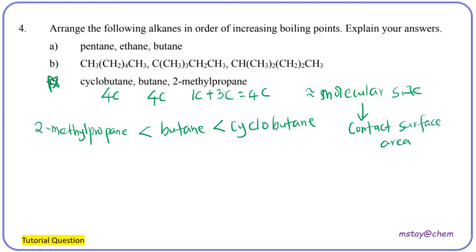The larger the contact surface area, the higher the boiling point. So from here, we know that cyclobutane has the greatest contact surface area, followed by butane, which is straight chain, and 2-methylpropane has the smallest contact surface area.